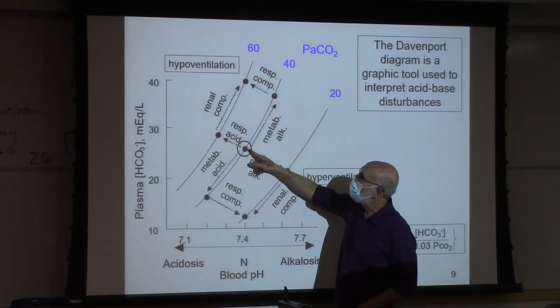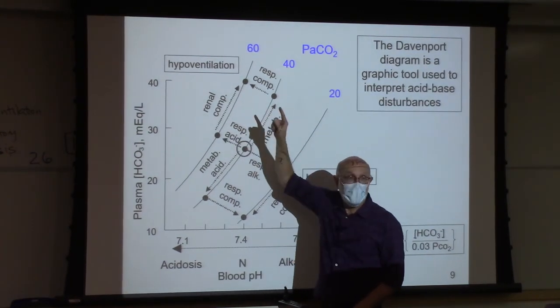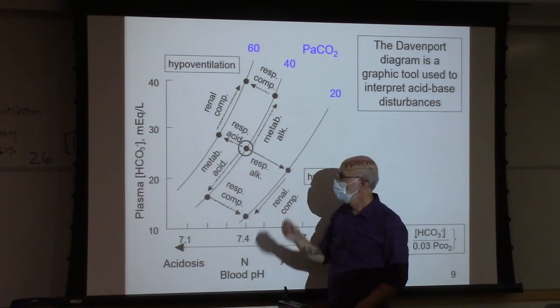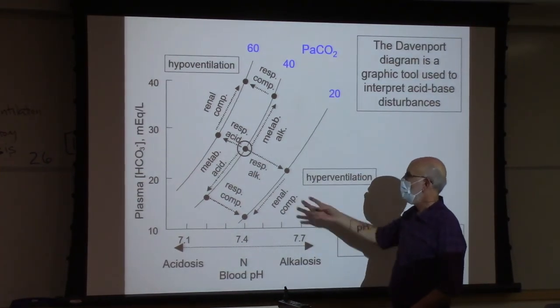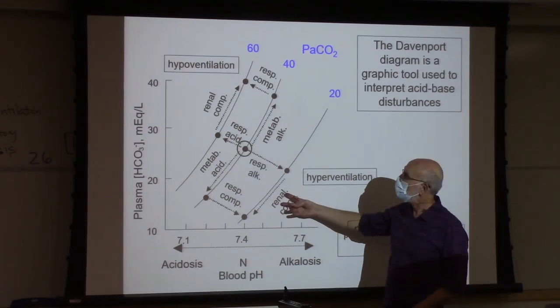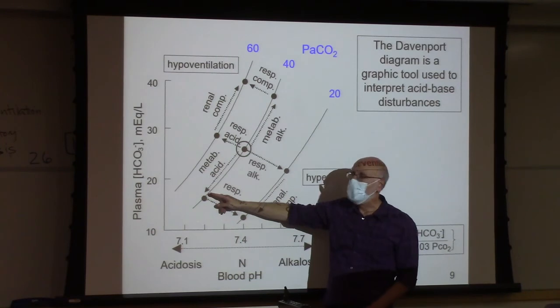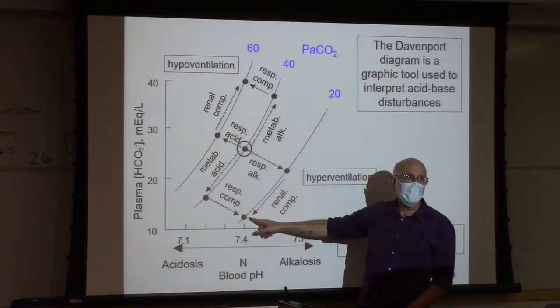We talked about respiratory acidosis and metabolic compensation. This slide actually is specific. It says it's the kidney that does the compensation. We've talked about metabolic acidosis, lactic acid, and respiratory compensation.